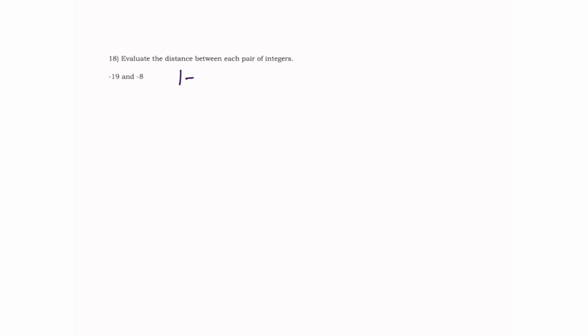So the same thing, minus 19 minus 8, which is minus 19 plus 8, which is minus, how much is it? Yes, 11. And the distance is 11. Okay, and we move to the next question.